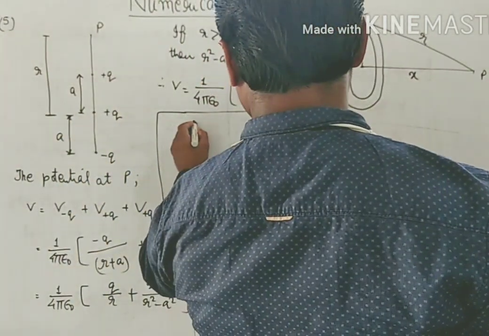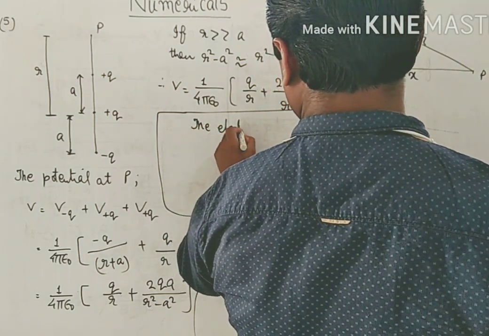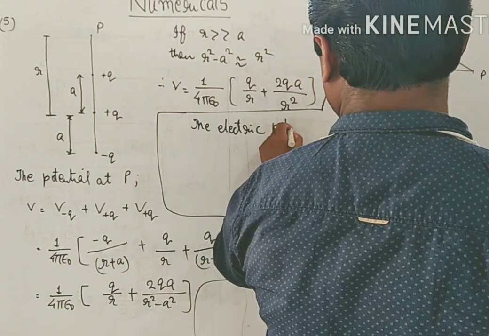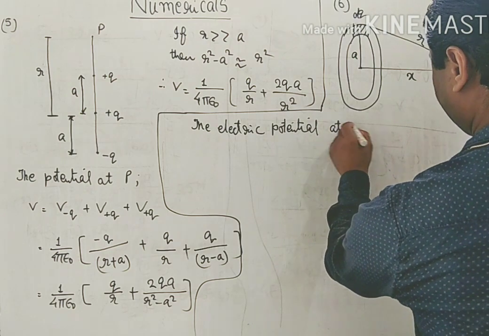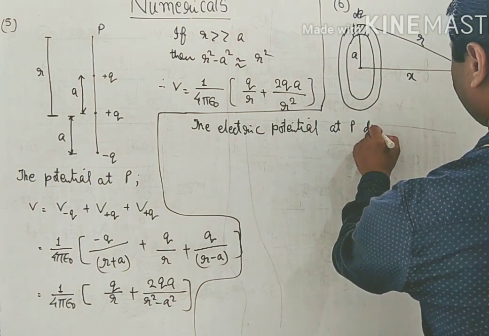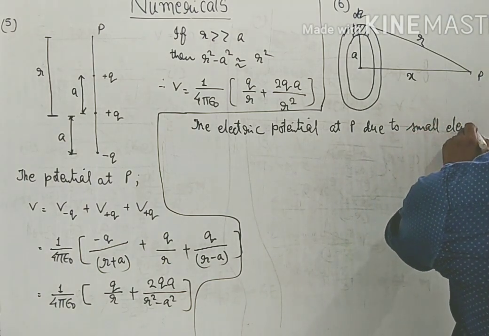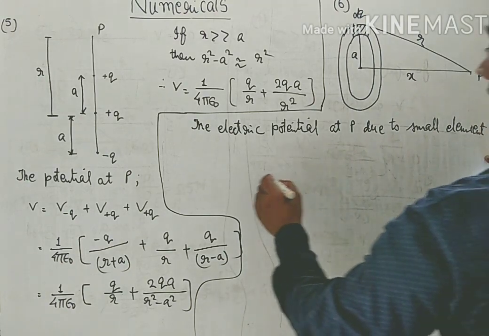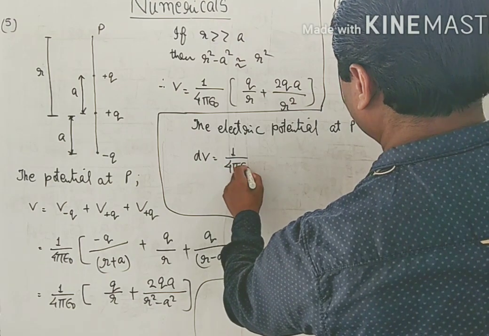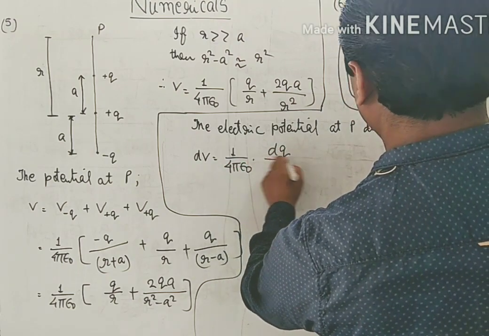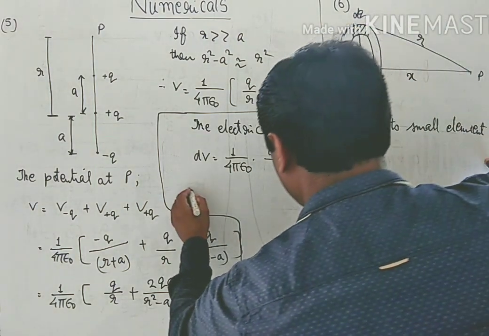So just start: the electric potential at P due to the small element, dV equals 1 upon 4 pi epsilon naught charge dq upon distance small r. Fine with this?